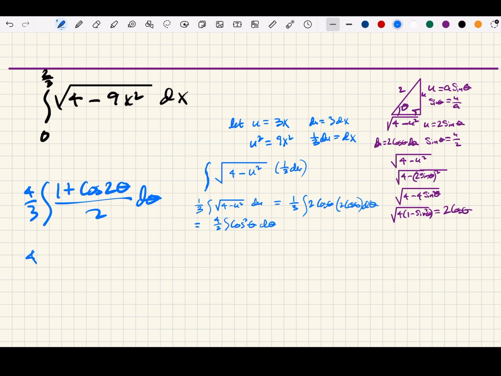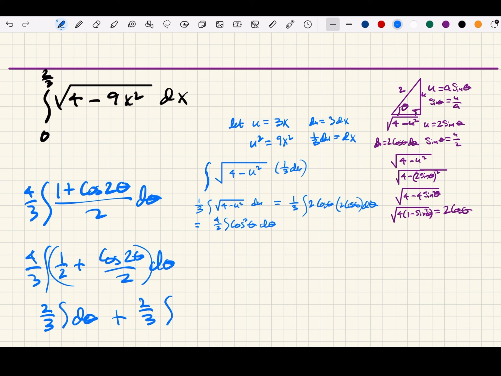We'll make this into 2. Well, let's do it here this way. Integral 1/2 plus cosine 2 theta over 2 d theta. So we'll make two integrals out of this. So we'll have 2/3 integral d theta plus 2/3 integral cosine 2 theta d theta.